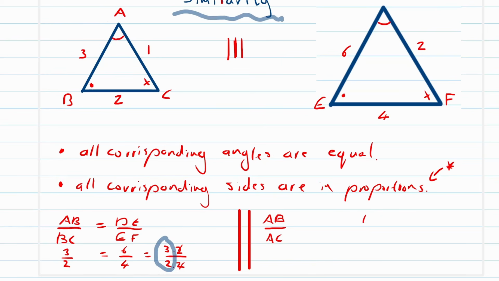Now the other side, we are comparing DE with DF. So over here, AB over AC is equal to 3 over 1. DE is equal to 6. And DF is equal to 2. Now, if we take out a common factor, 6 becomes 3 times 2. The 2's cancel out, so this is equal to 3 over 1. As you can again see, they line up perfectly.